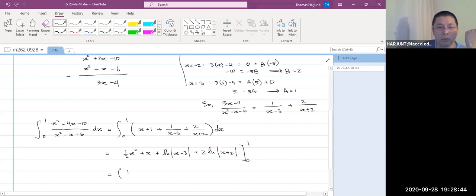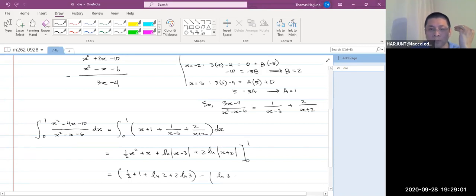When x equals 1, that's 1/2 plus 1 plus natural log of 2 plus 2 natural log of 3, minus, when x is 0, that will be 0 plus 0 plus natural log of 3 plus 2 natural log of 2.